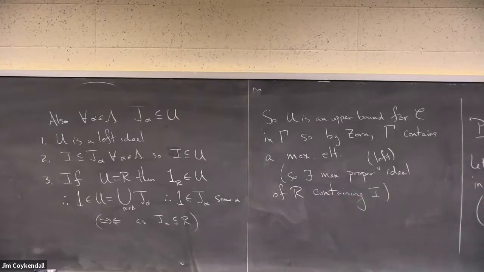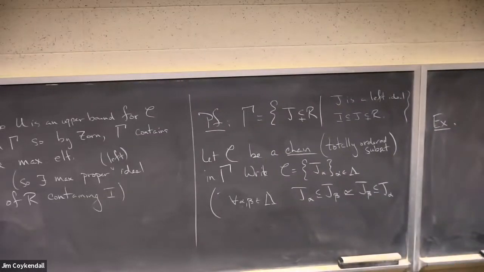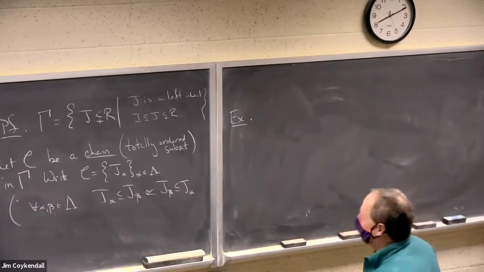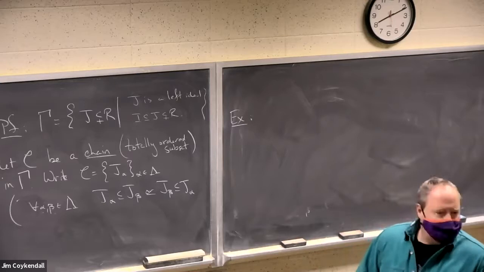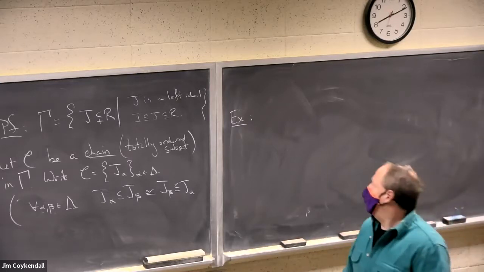Let me give you a couple of examples. For many of your garden variety rings that you would start off with or see in like a beginning algebra class or number theory class, this theorem may seem silly because it's like, oh my goodness, you can pick out maximal ideals.